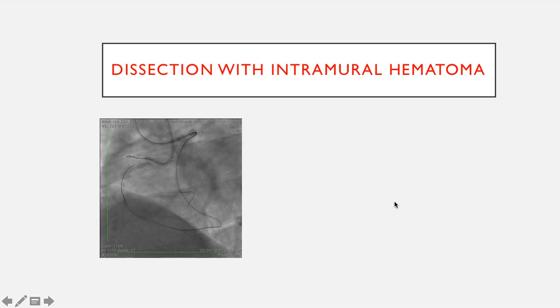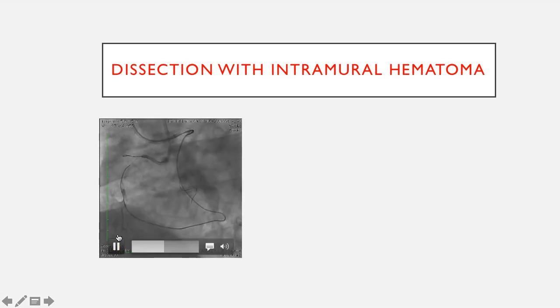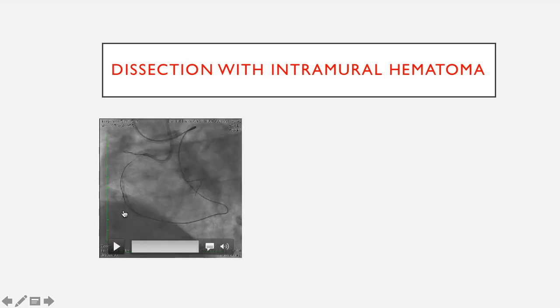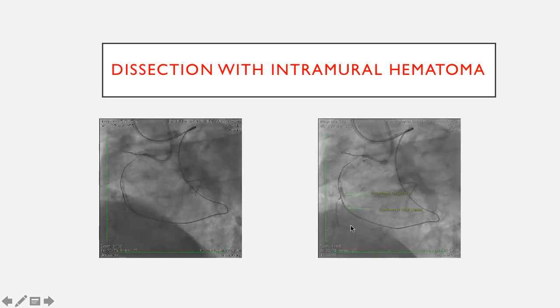So at this juncture, we thought of confirming wire position with the Corsair injection, that is retrograde Corsair injection. When I injected through Corsair, this is what happened. So the contrast went subintimally, and it created a kind of dissection here.